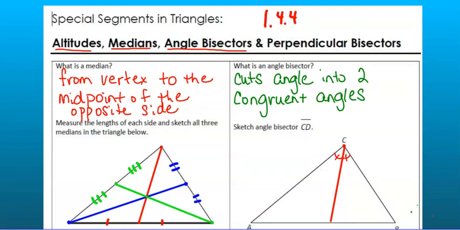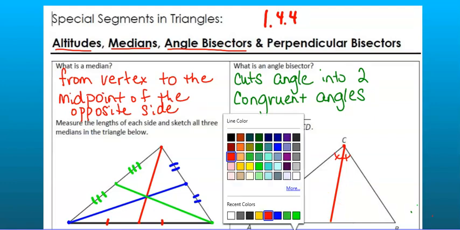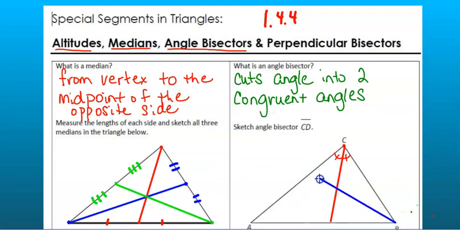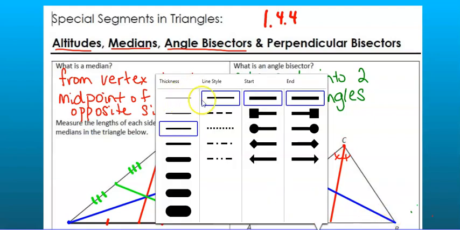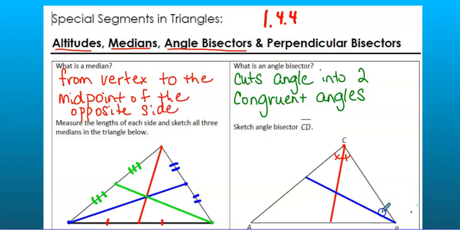Let's do B in blue. So again, they're not going to be at the midpoint of the opposite side, but they do cut the angle in half. So then on this one, we put two tick marks, an arc, and two tick marks there.